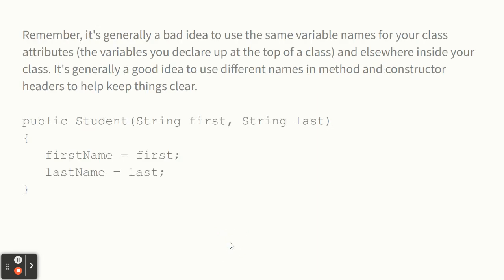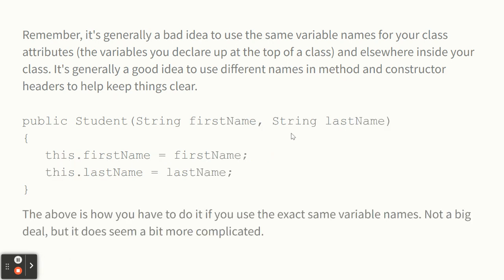Remember, I've told you it's generally a bad idea to use the same names in a constructor or a method header as your class variables, and this one is fine. I'm using first and last, and then in the class, I'm obviously using firstName and lastName, so there's no confusion. Now, if we wanted to use exactly the same variable names, then you have to use a this here.